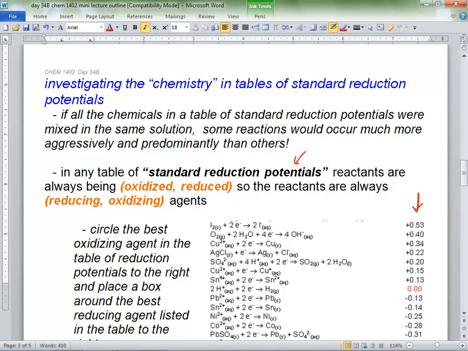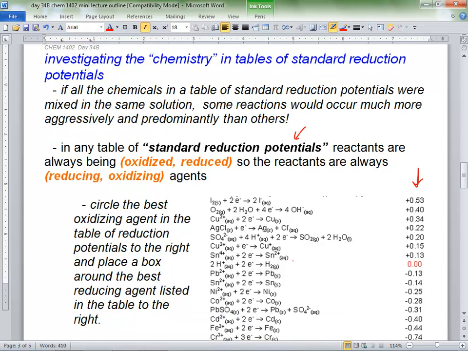Some things are going to be predominant, and they're going to occur much more predominantly than others. For me, it all comes into focus when we go full circle at the end of this and start talking about rust and sacrificial anodes. I think that's when it really comes in for me. But for now, we'll just have to realize some things are stronger oxidizing agents and reducing agents than others.